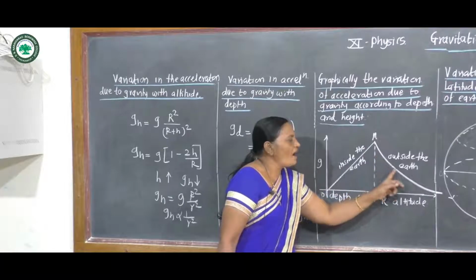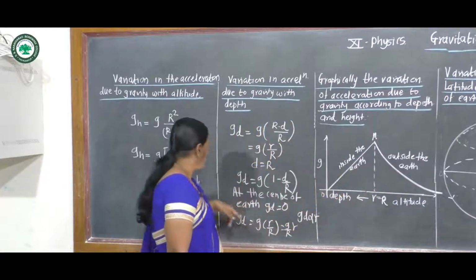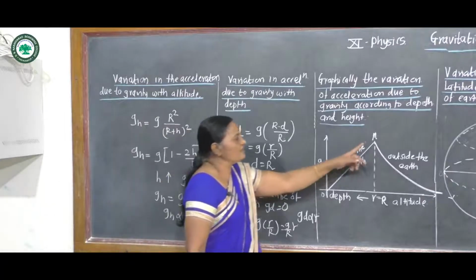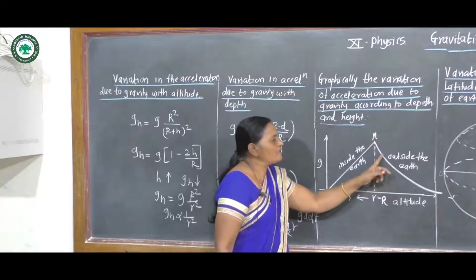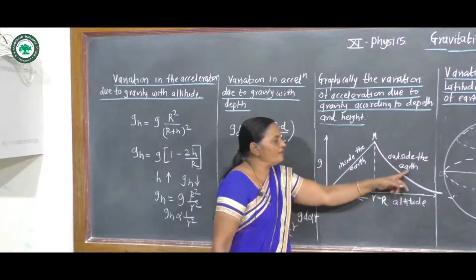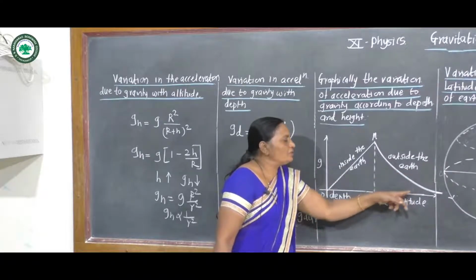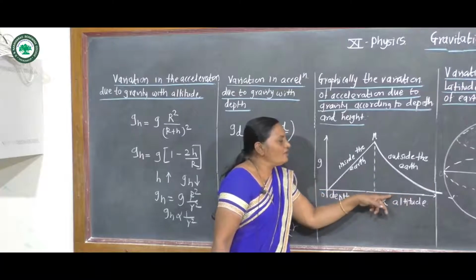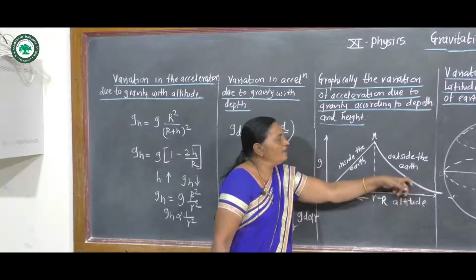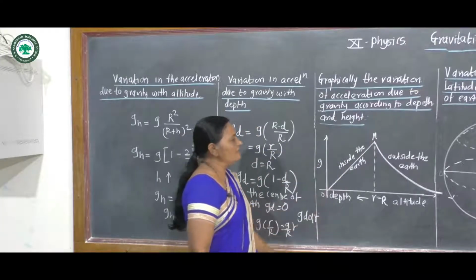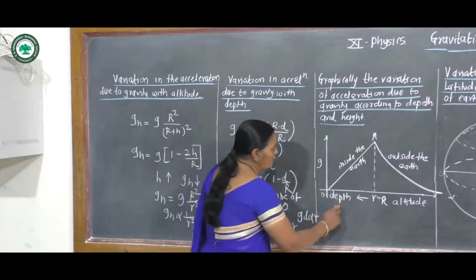This is the function of inverse proportion to r squared. This is the position of acceleration of gravity outside the earth. As we go to height h, the value of g decreases, and it is graphically shown by this graph.